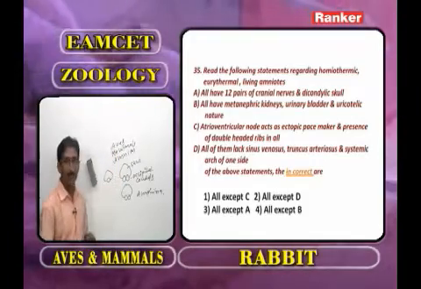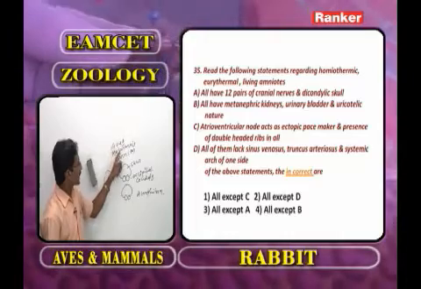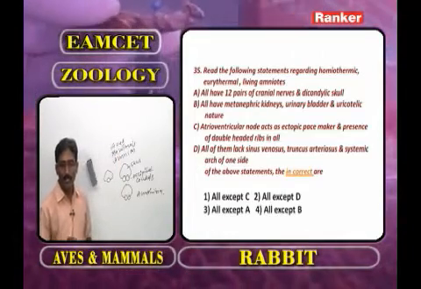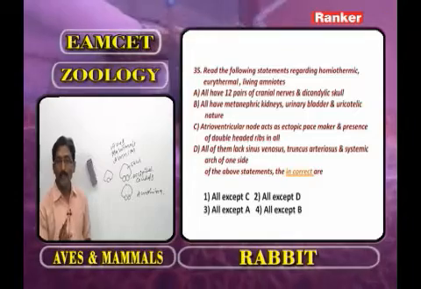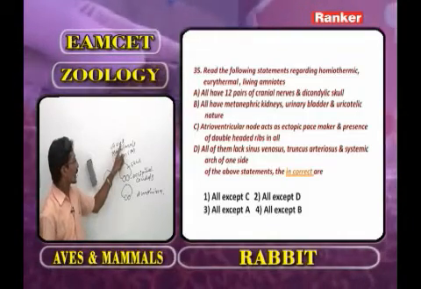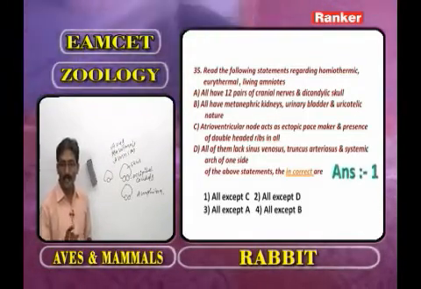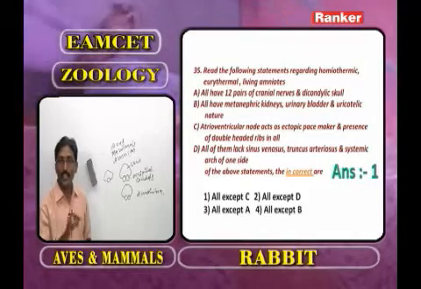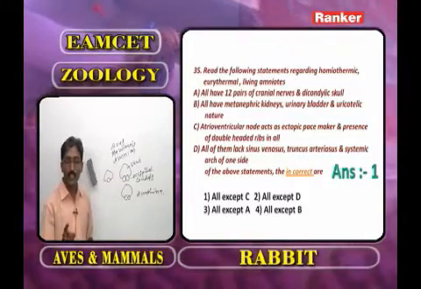Now they are asking about statements regarding aves and mammals. Now we observe the first statement. All have 12 pairs of cranial nerves. No doubt aves and mammals have 12 pairs of cranial nerves. But only in mammals is the skull dicondylic; in aves it is monocondylic. So the first option is wrong. Second, all have metanephric kidneys.